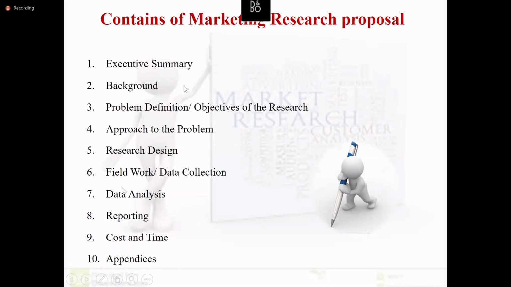Background is also given there. Then the problem definition and the objectives, then how you are approaching the problem, the research design, how the data is going to be collected and analyzed, and how the reporting will take place, and also what the cost involved is and the time in which you have to produce it.